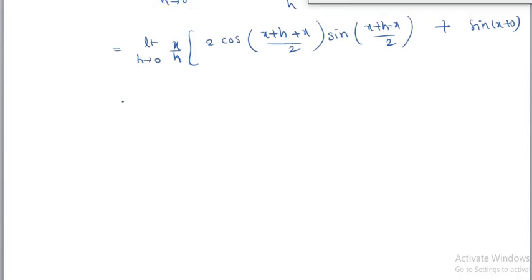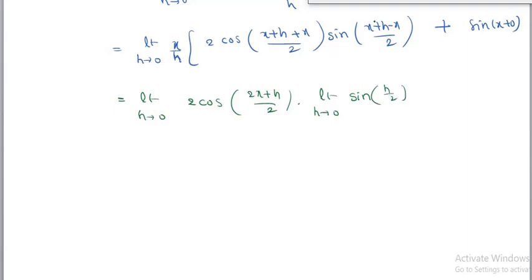So write as limit h tends to 0, 2 cos of (2x plus h) by 2, times limit h tends to 0, sin of h by 2 divided by h, plus sin x.